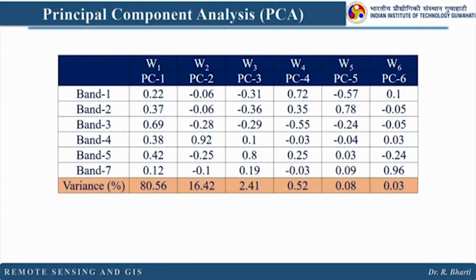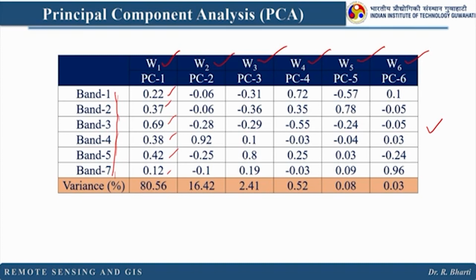Once you apply principal component analysis, you will have this kind of tabular information once you save the eigenvalue and eigenvector. Here this is W1, W2, W3, W4, W5, W6, and these are the bands. As I told you, W1 means PC1. PC1 elements are nothing but the weightage assigned to different bands. So if you want to calculate principal component 1, you can easily calculate it based on the eigenvalue and eigenvector.